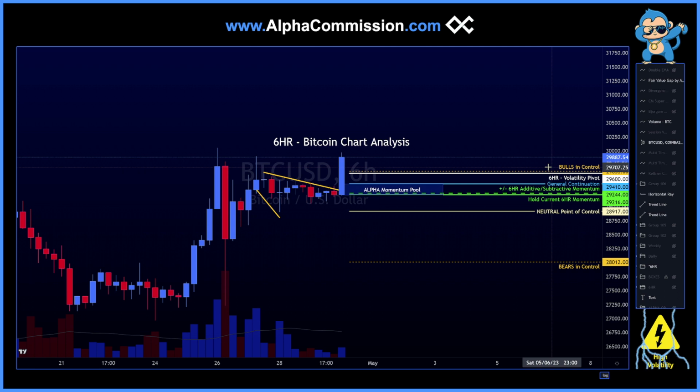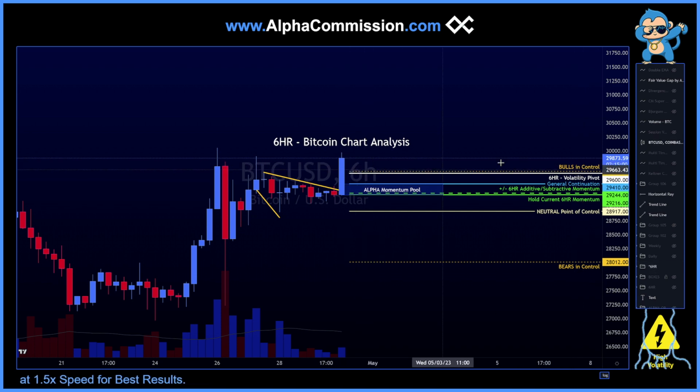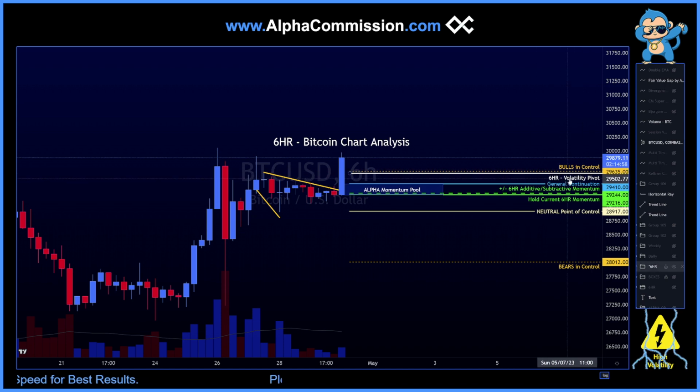Of course, we may need to have some type of retracement to test support. And so if this candle comes back down, the key level that we want to hold on to is 29,600. As long as we're above 29,600 on any type of retracement, then not only are we still going to be essentially in the bullish control zone, maybe just a hair below it, but more importantly, we're going to have the volatility pivot at our back.